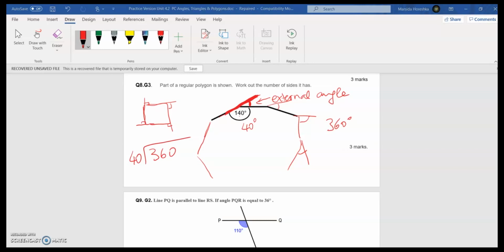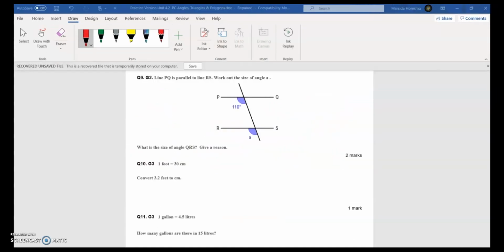We're doing it as a fraction, so 360 divided by 40. We can divide both by 10, so that leaves us with 36 divided by 4, which is 9. So the number of sides that the polygon has is 9.